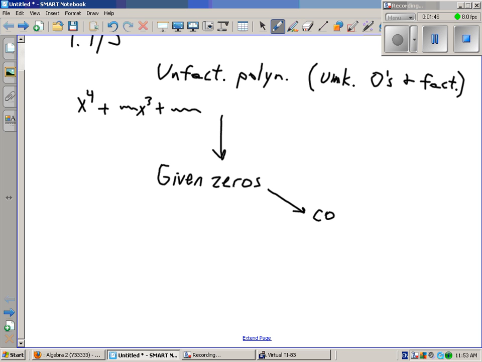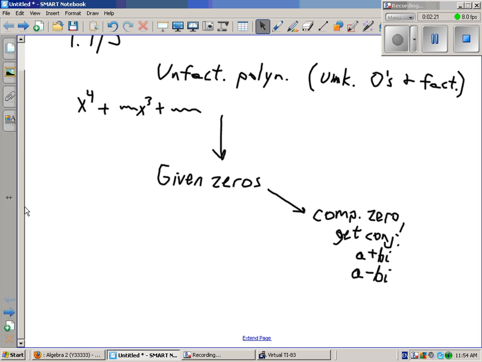If you have a complex zero that's given to you, you want to get the conjugate, because that gives you 2 for the price of 1. If they give you a plus bi, then you know automatically that a minus bi is going to be a zero of that polynomial. The same thing holds if you're given a minus bi and you need a plus bi.